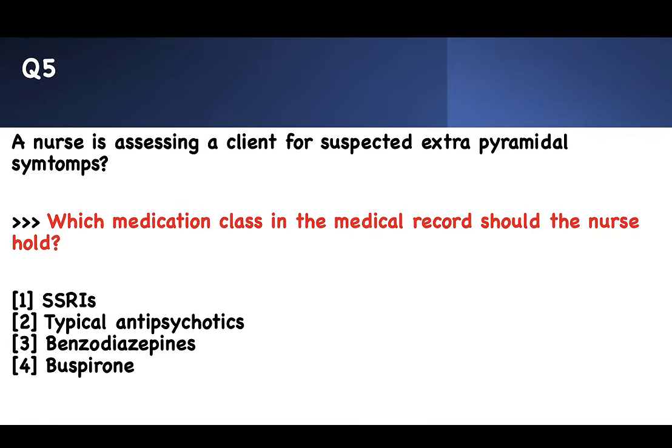Is it SSRI, antipsychotic, benzodiazepine, or buspirone? Buspirone is atypical, right? Benzodiazepine is anxiolytic. Antipsychotic causes NMS and EPS, and SSRI don't cause EPS. Therefore, number 2 is your right answer.